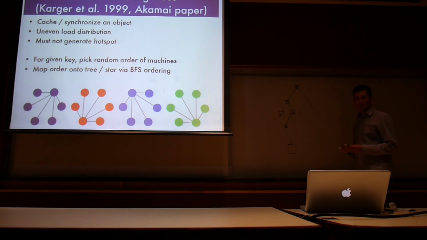So this ensures that I will get a load distribution which is as balanced as can be for these requests, because it's a different random tree in each case.